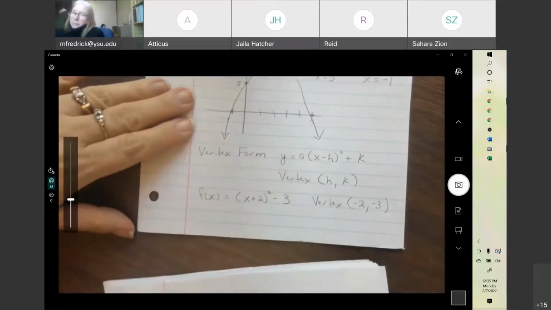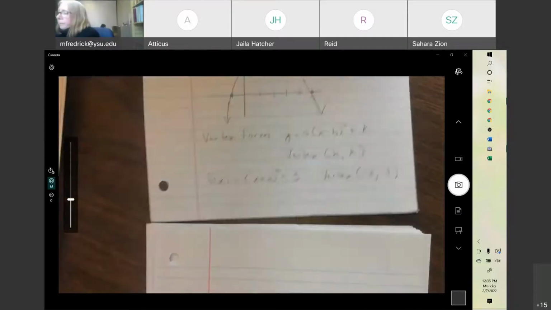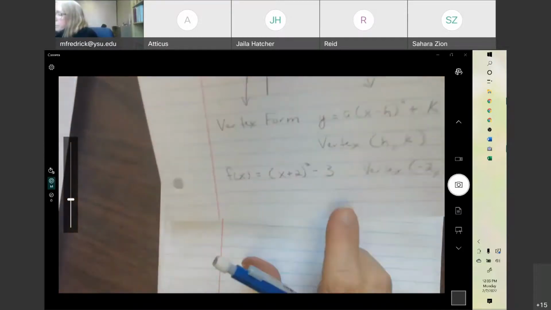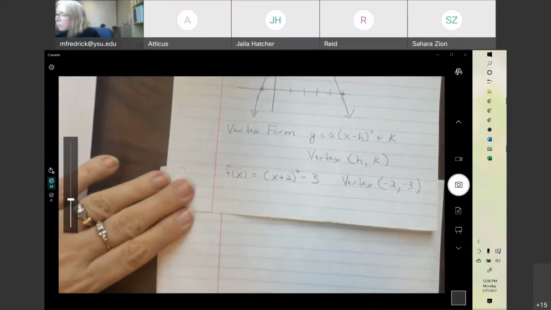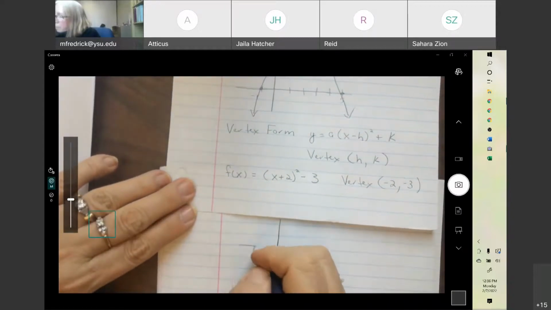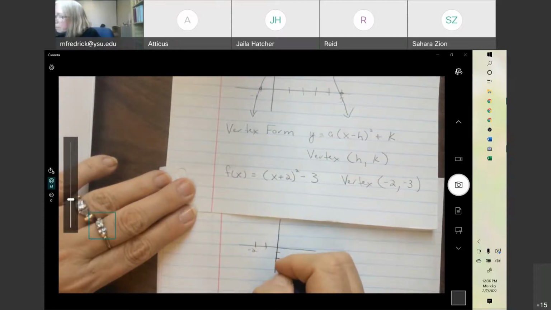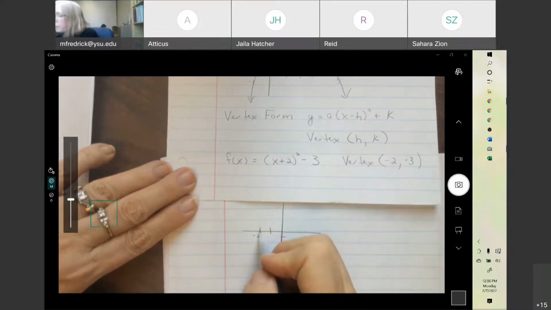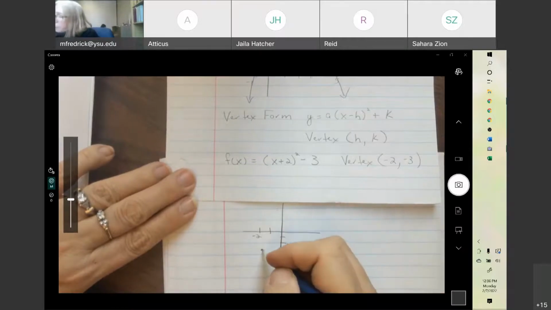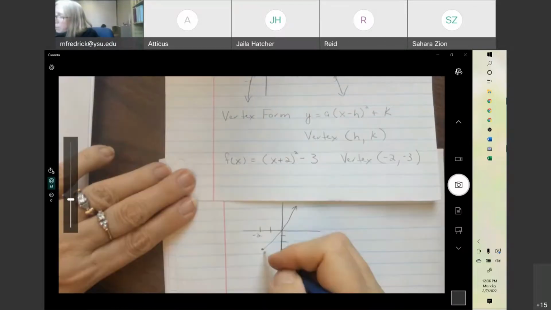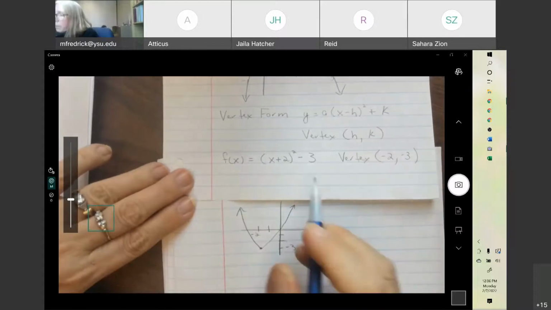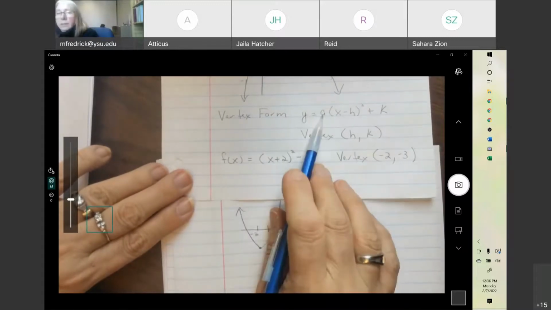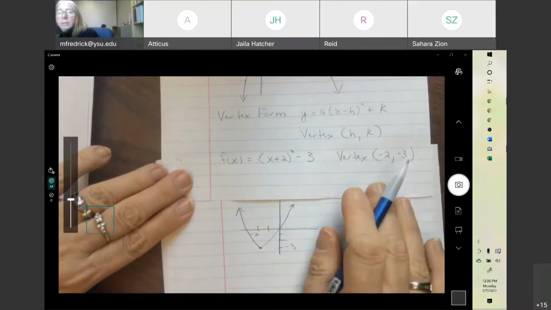So when I graph it, I'll first go -2, -3, and put my vertex. And then it's going up because the A in front is positive.